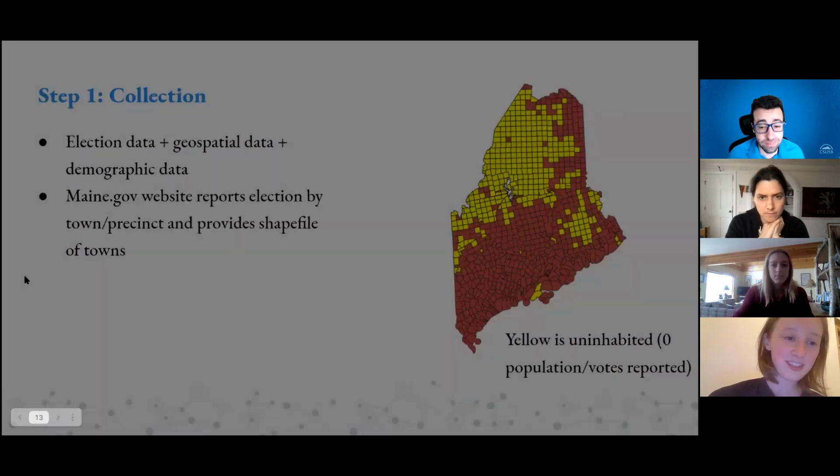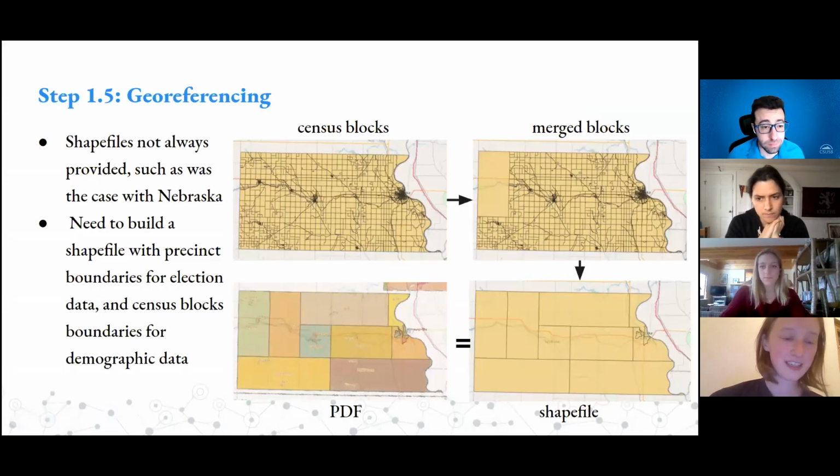Next slide. So one issue that other teams ran into this summer was that not all states are as organized as Maine and don't always provide a shapefile. And that was the case with Nebraska. They contacted the Secretary of State, I think, if I remember correctly, and they just sent them a PDF picture, essentially, of where all the precincts were.